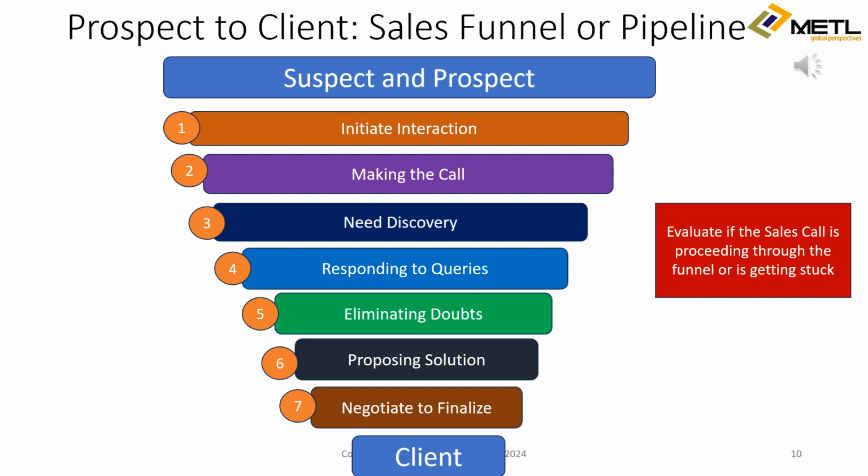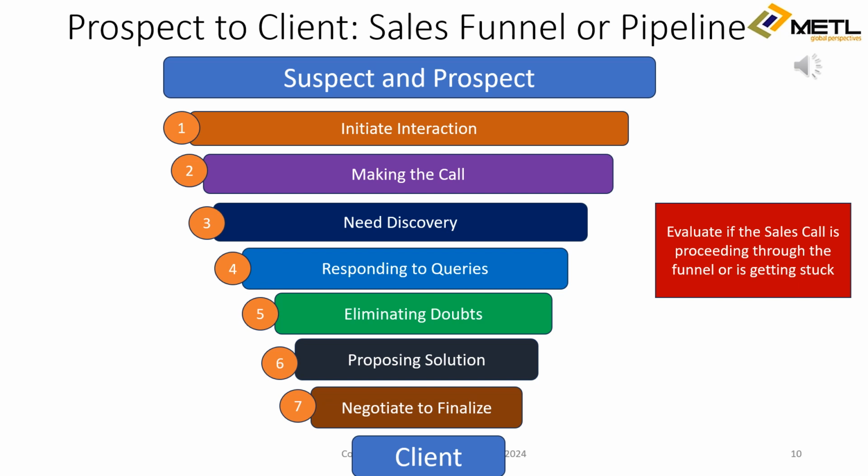However, every prospect who you meet and interact with will not be able to convert to a sale. In that case, there's a continuous slippage which keeps on happening, and that's why we keep calling it a funnel, because it keeps on narrowing down on the diameter as you proceed through the sales call.